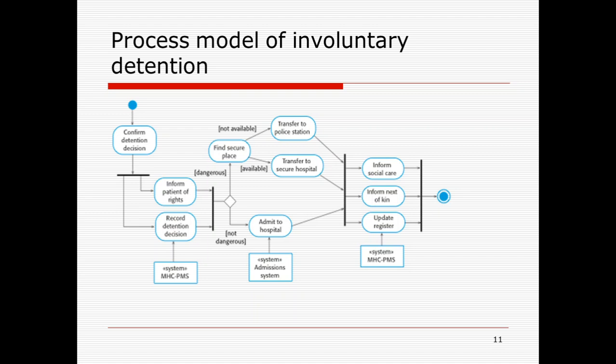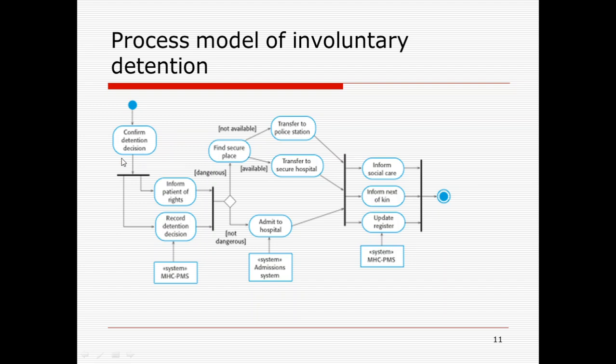So we know that it is the only health issue where the patient's consent is not required for detention. Okay. So the doctors can opt for the detention of the patient without the consent of the patient. So suppose this is the starting point, and this symbol shows the activity.